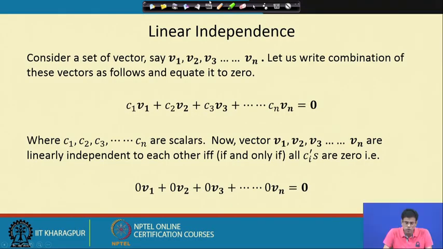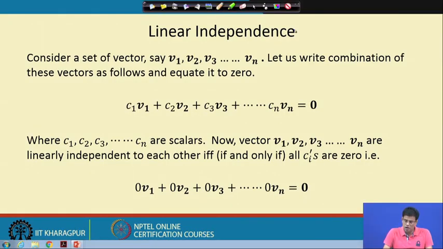Without any assumption, let us consider a set of vectors v1, v2, v3 to vn. There are n vectors, which could be of dimension 2, 3, n, or m. That means the components of a vector could be of any dimension. Now let us write the combination of these vectors as follows and equate it to 0.